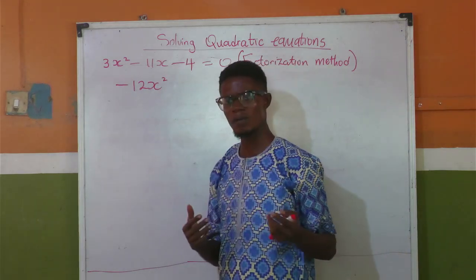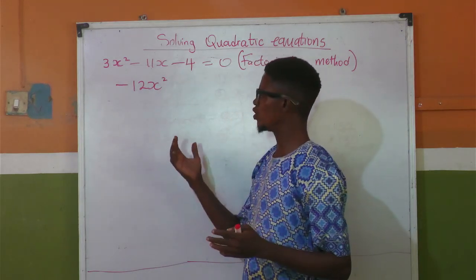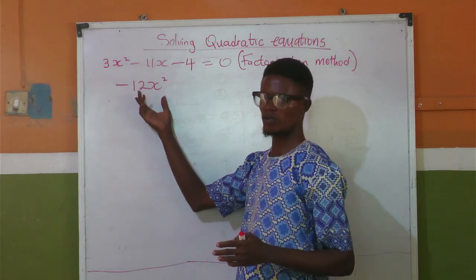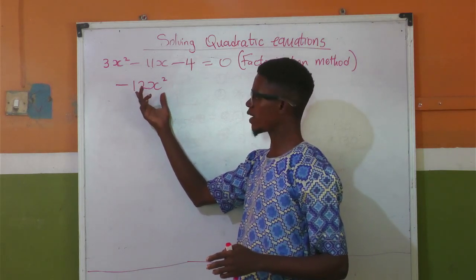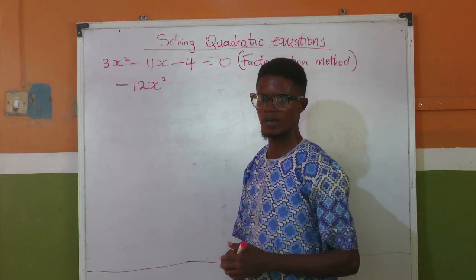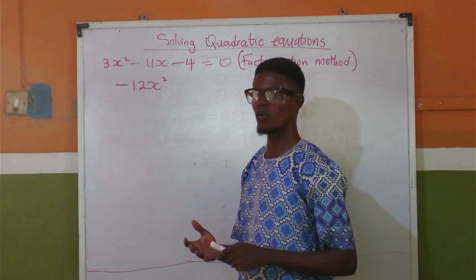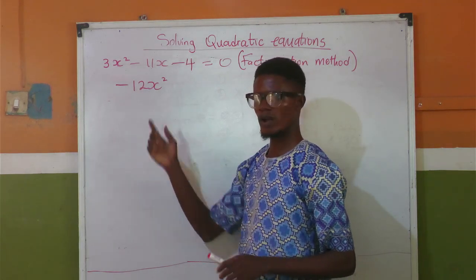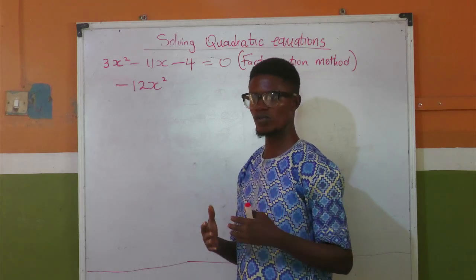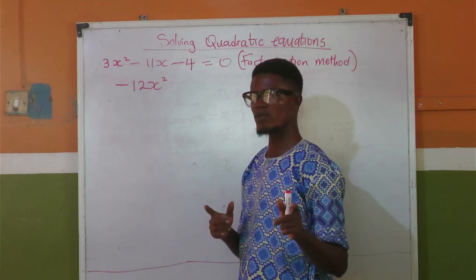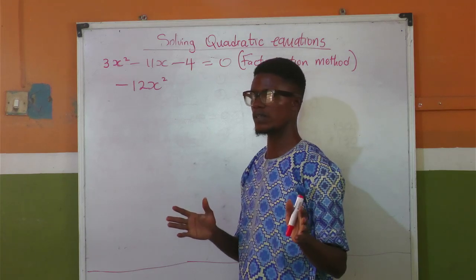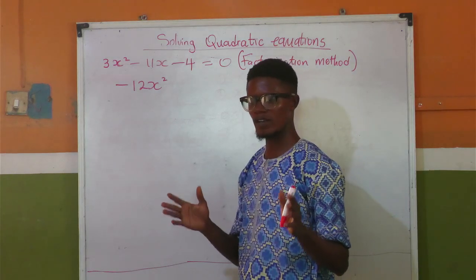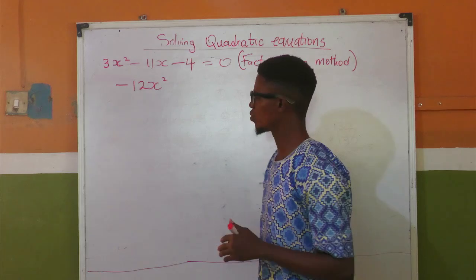The reason why we are multiplying is that we want to generate two factors that we can multiply together that will give us minus 12x squared. So it simply means that we are going to look for the multiples of 12. We have to write out the multiples of 12 that we know. Let's write out the multiples of 12, and I'll tell us why we need them.